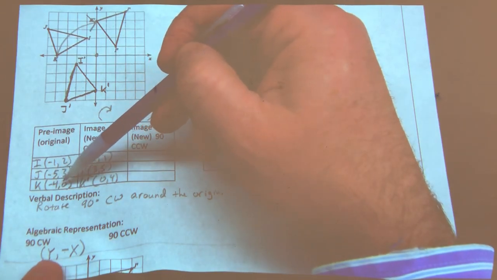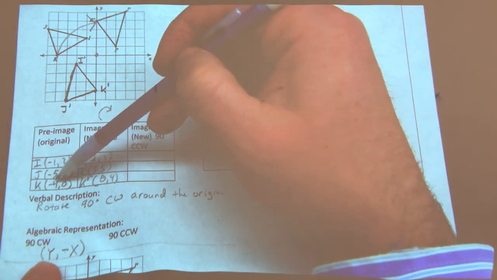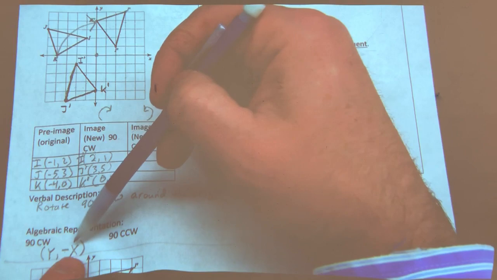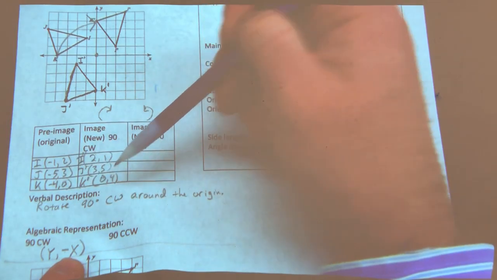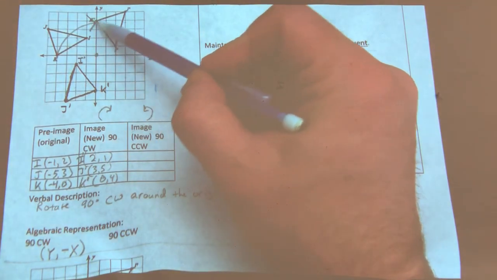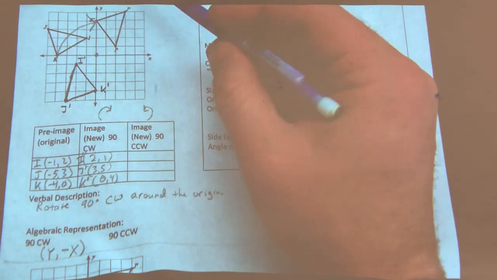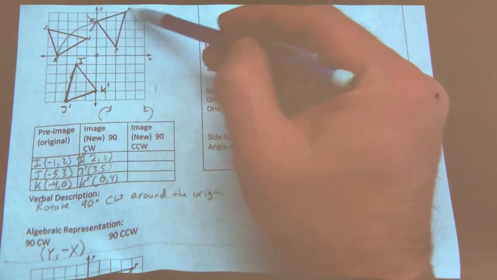So my old y value is becoming my x value, right? Y was 0 in the pre-image, and now 0 is your x coordinate. And then my y value is what used to be my x, but switched the sign. And that's for 90 degrees clockwise. So that's rotating 90 degrees clockwise. All these points rotate 90 degrees clockwise.